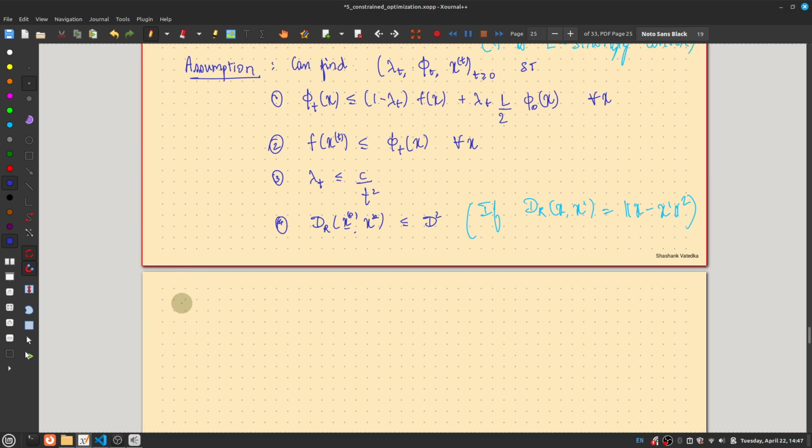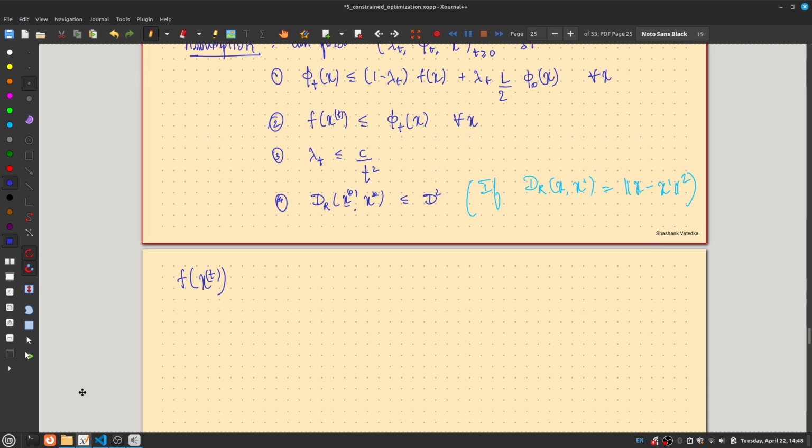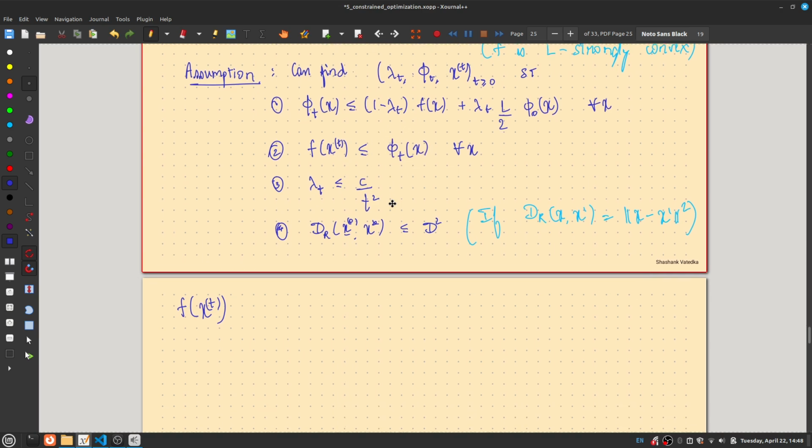Okay, so in that case, let's look at f of xt. My goal will be to upper bound this f of xt by f of x star plus some term that depends on t, L, d, and so on. So first what I have is f of xt is less than or equal to phi t of x. That's already guaranteed to me, and this holds true for all x.